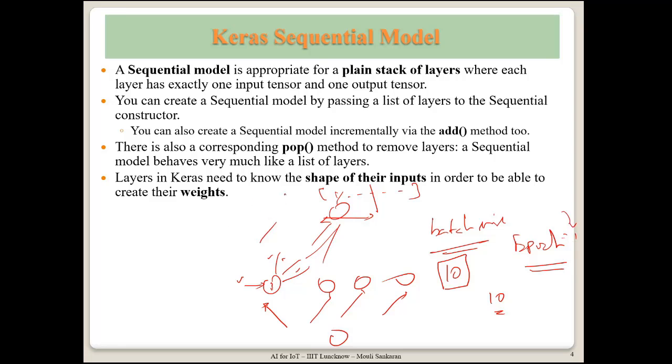Suppose you have 100 inputs, and you assume that this is the output layer, this is the input layer, and in one layer there are four nodes. Now we have given 10 as the batch size and epochs as 100. That means, out of 100 inputs, I give 10 inputs.